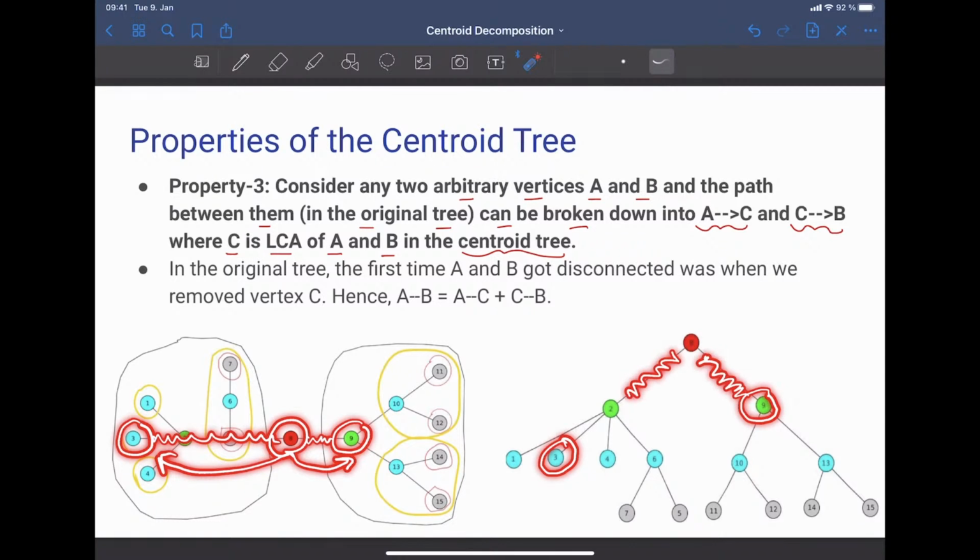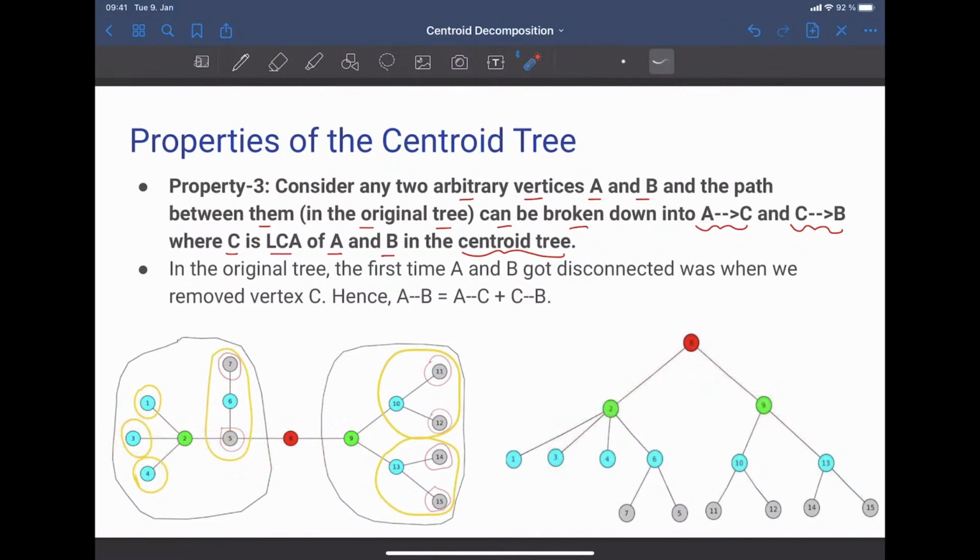LCA means lowest common ancestor. It means which node is the lowest node which is an ancestor of both the nodes A and B. I assume that most of you would know the definition of LCA. If you don't, LCA just means the lowest node which is a common ancestor of both the given nodes. So the LCA of 3 and 9 is 8 in the centroid tree.